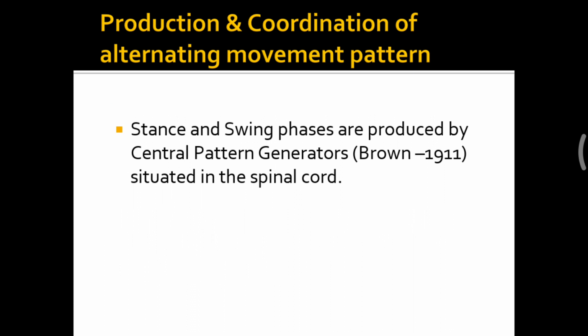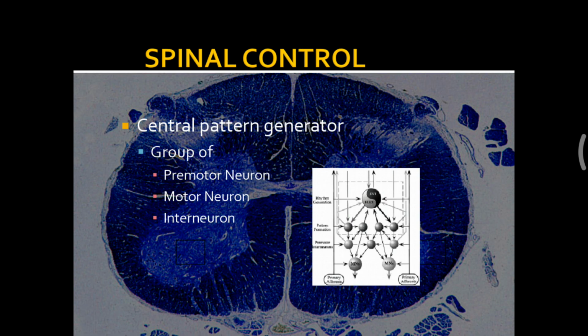He said that the stance and the swing phase, and the repetition of the stance and swing phase in each gait cycle as we keep walking, comes about because of a selected set of neurons and their connections in the spinal cord. So how do they look?